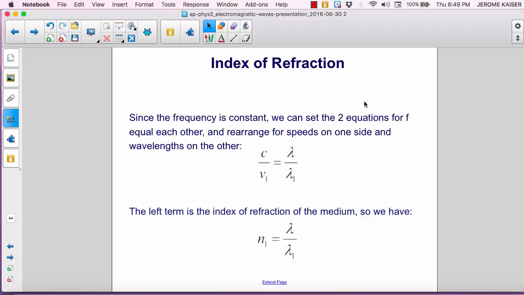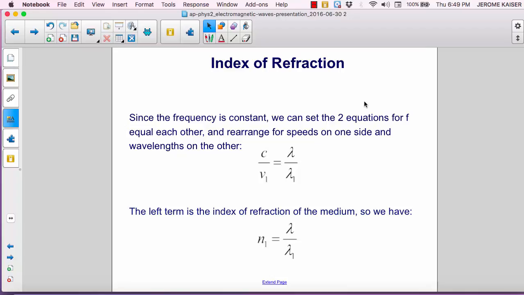If we begin with the two equations that we had on the previous slide, f equals c over lambda in a vacuum, and f equals v1 over lambda 1 in a medium, what we can see is that we can set the two equations equal, since, as we discussed, the frequency is constant.